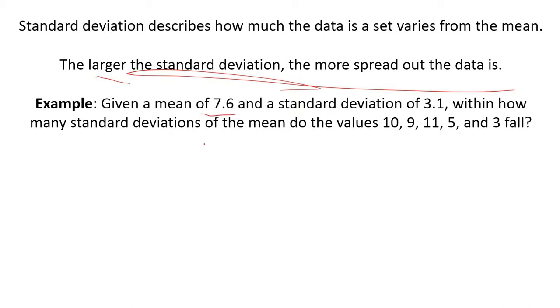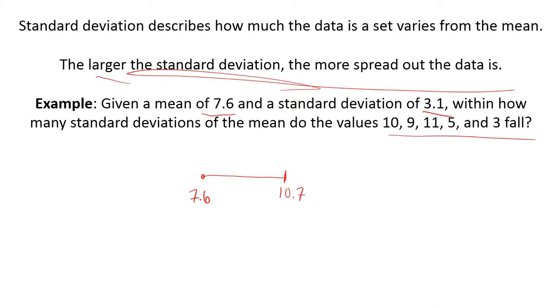Given a mean of 7.6, standard deviation of 3.1, within how many standard deviations do all these values fall? Well, let's just kind of list this out. So here's 7.6. It's the middle, or the average. If we added one standard deviation this way, 7.6 plus 3.1, that'd put me at 10.7.